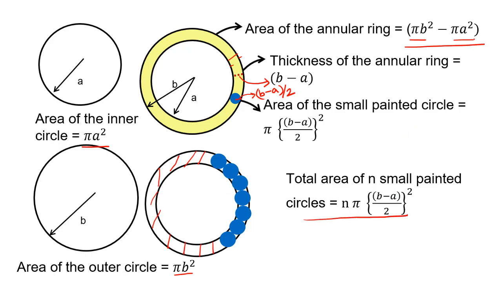We will just subtract this area from the total area, and what we will get? We will get pi b square minus pi a square minus the painted area, that is n pi (b minus a) by 2 whole square.